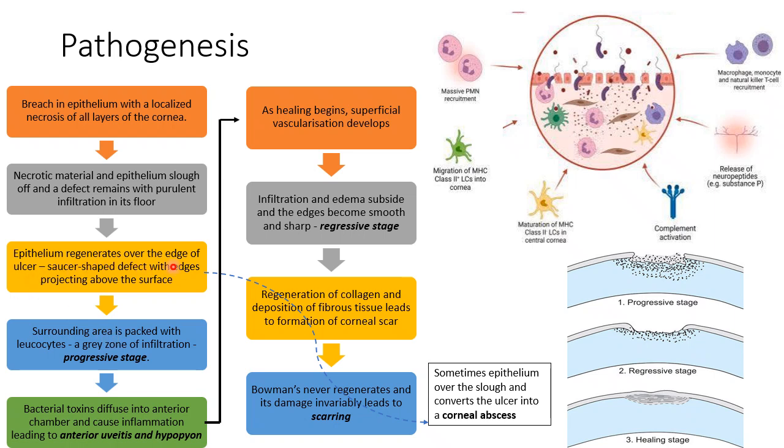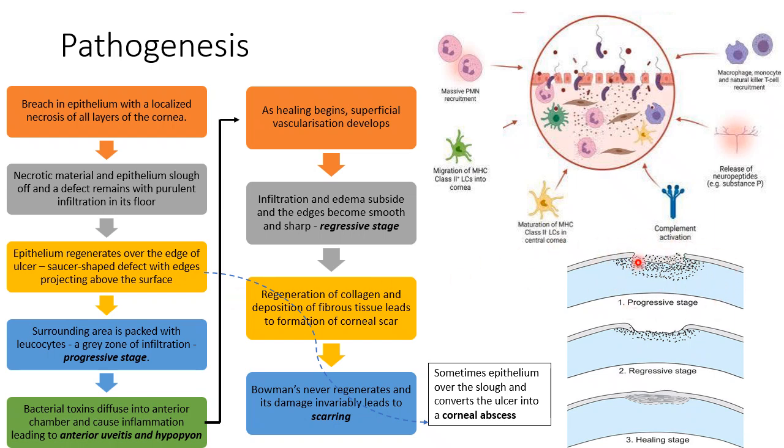Next, the epithelium regenerates over the edge of the ulcer, causing a saucer-shaped defect with edges projecting up above the surface. So basically, we are still in the progressive stage, but the epithelium is trying to regenerate over the defect here. So the epithelial defect is actually smaller than the infiltrate below it. So this is the progressive stage of the ulcer.